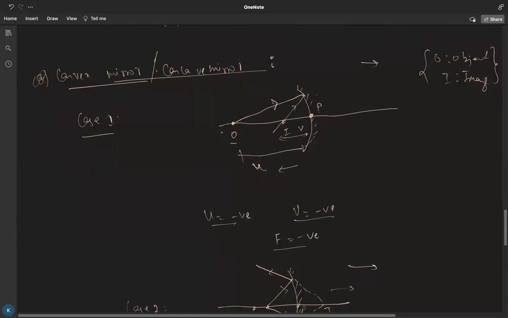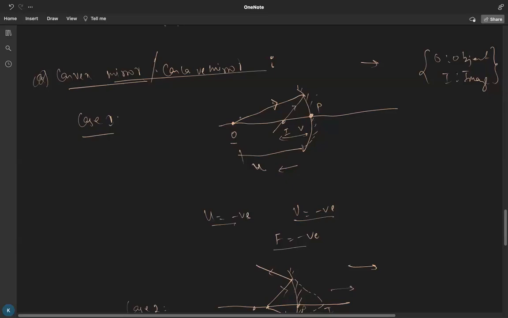So what I'm trying to say is here the incident ray of light is traveling from negative x to positive x. Basically, it travels in the right direction. But the distance we measure from the pole to the object is in the left direction, right?